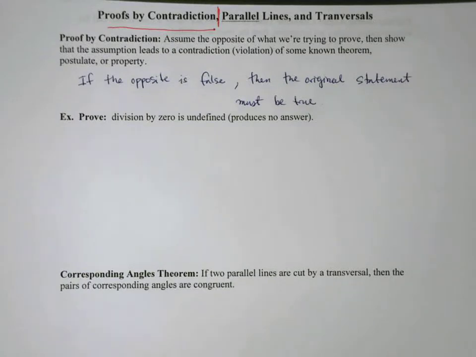I can come up with an answer for it. Okay, well, let's look at this proof. It's very hard to demonstrate that something doesn't happen. This is the hard part here, like produces no answer. It's easy for us to show that something produces an answer. All we have to do is get the answer. But it's hard when we talk about the absence of something. So we'll do this proof by contradiction.